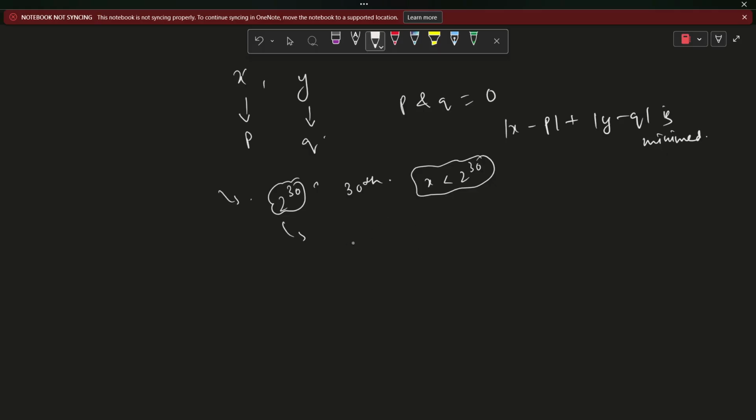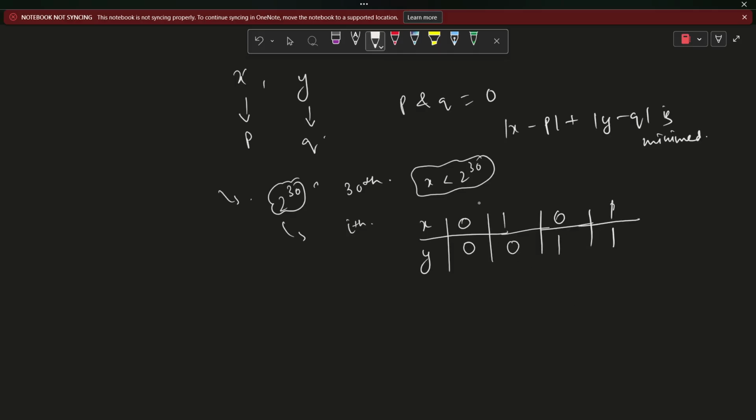Let's say I am at some ith bit, and in both x and y it is 0; or in x it is 1 and in y it is 0; or in x it is 0 and y is 1; or x is 1 and y is 1.